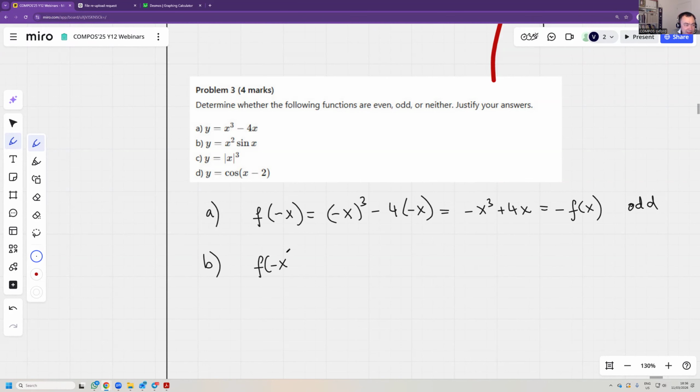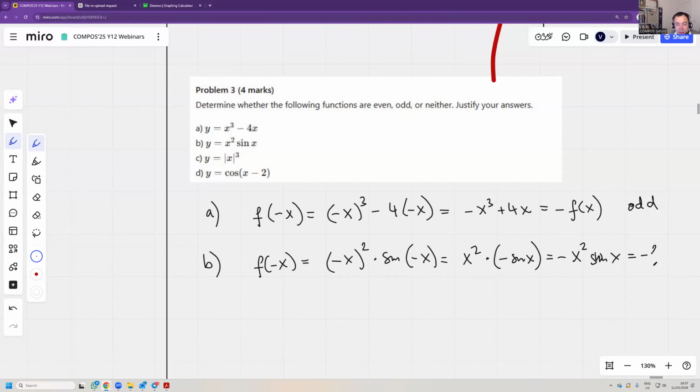F of minus x is minus x squared multiplied by sine minus x, and that is x squared, because minus x squared is x squared, multiplied by minus sine x, which is minus x squared sine x, which is minus f of x. So that's an odd function as well.